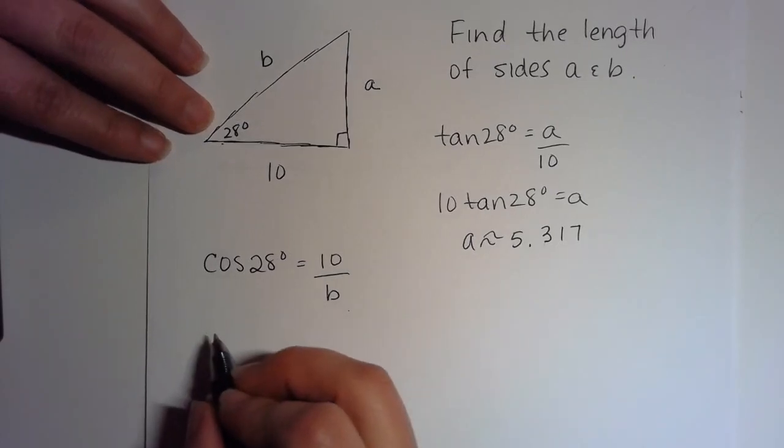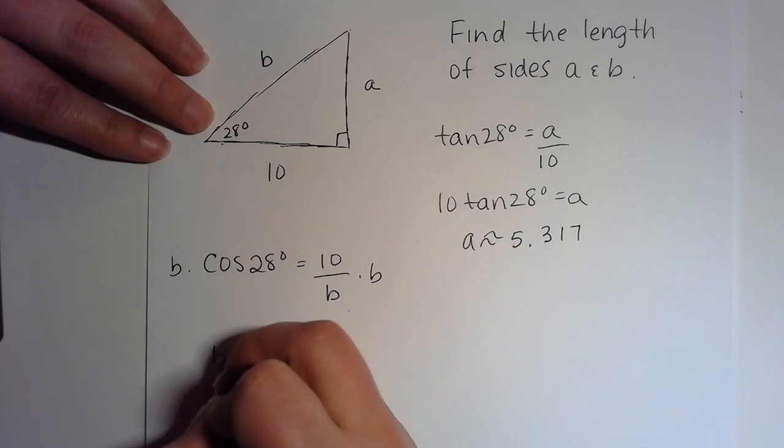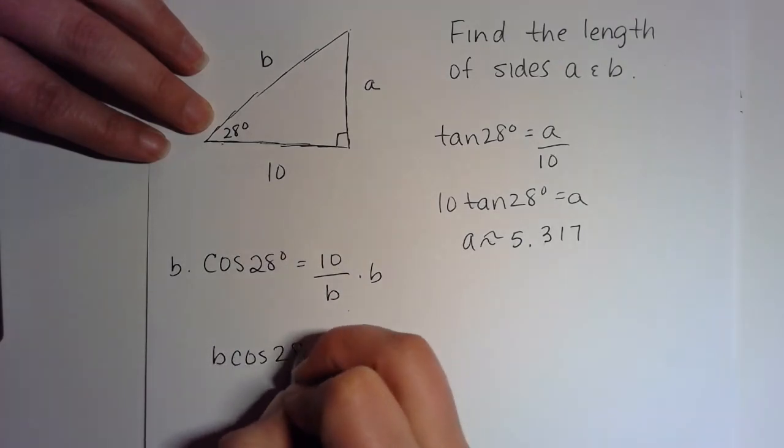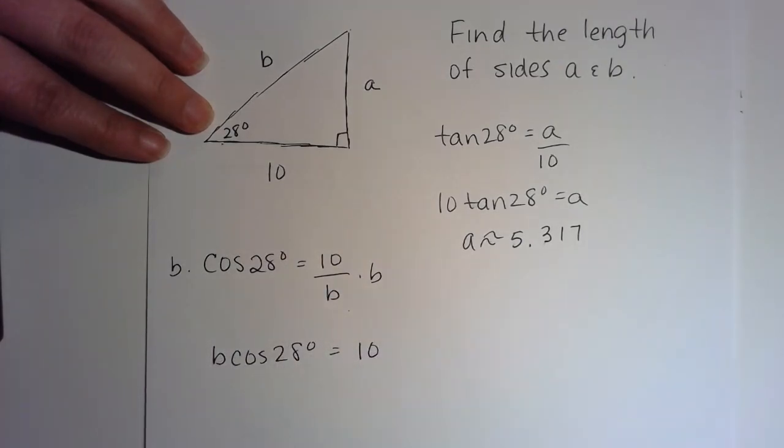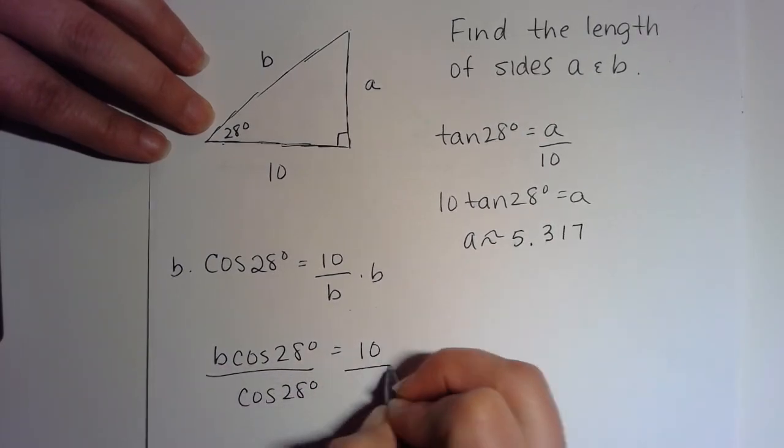So I multiply both sides by B to get it out of the denominator here. So I get B cosine of 28 degrees equals 10 on this side, and now I'm going to divide by cosine of 28 degrees to get my B alone.